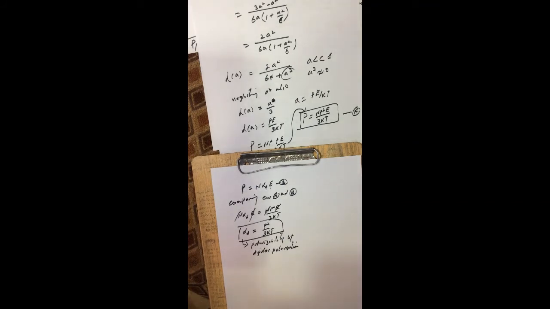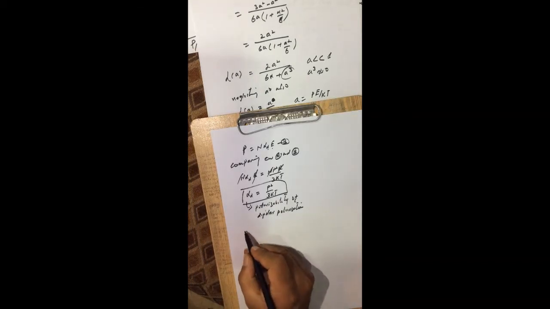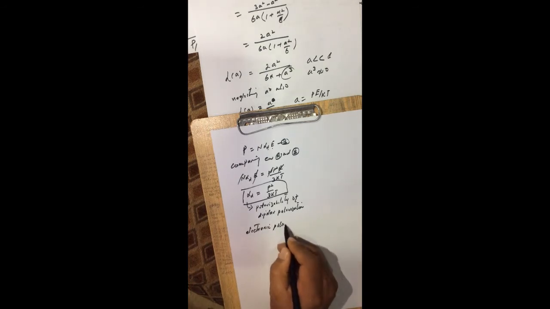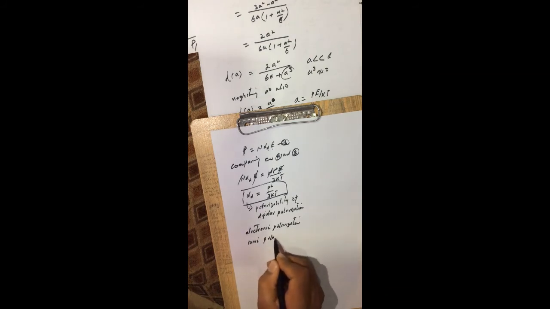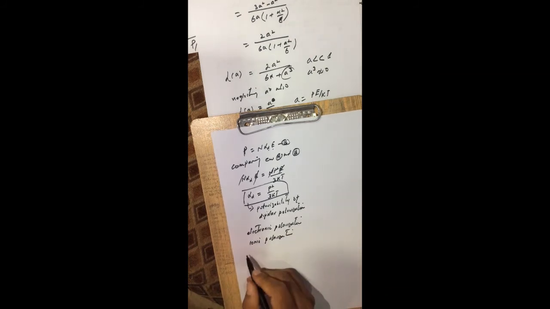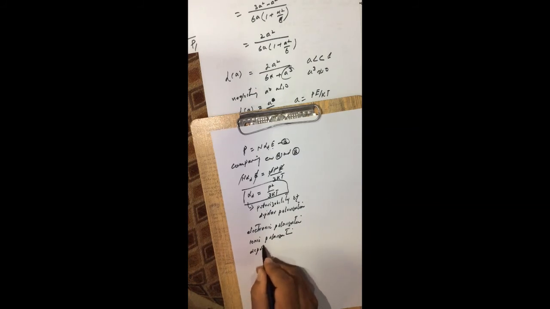Now, when a material is dipolar, ionic, dielectric material, which consists of ions as well as polar dielectrics, then we have all three types of polarization present in that material. Like we have electronic polarization also present once we apply the electric field, we have ionic polarization, and we have the dipolar polarization.